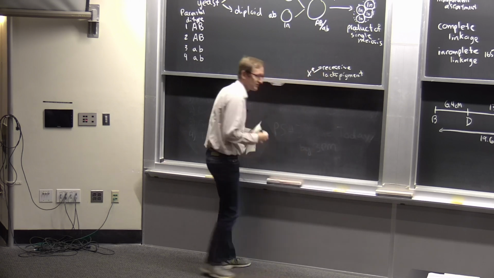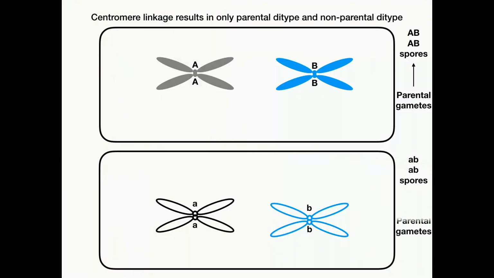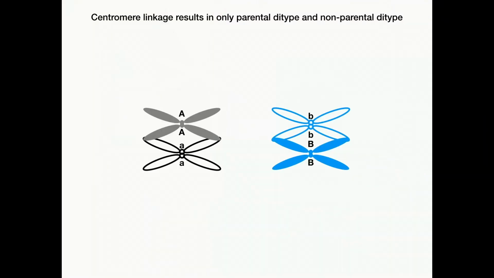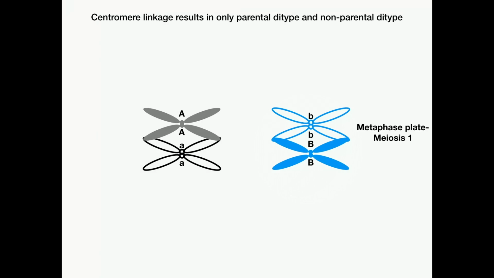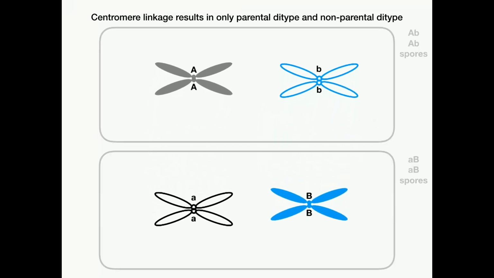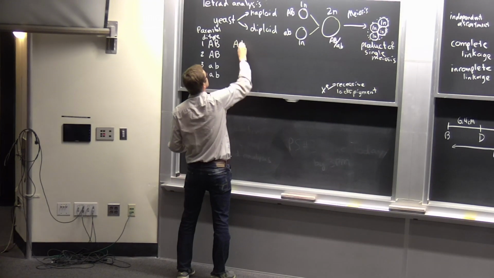Okay, an alternative scenario is that these chromosomes would align differently, right? So you get parental spores there. However, alternatively, you could have this configuration where this is now flipped, and during meiosis 1 these chromosomes move together, and they again produce two types of spores, so it's a ditype, but in this case all the spores are non-parental, okay?